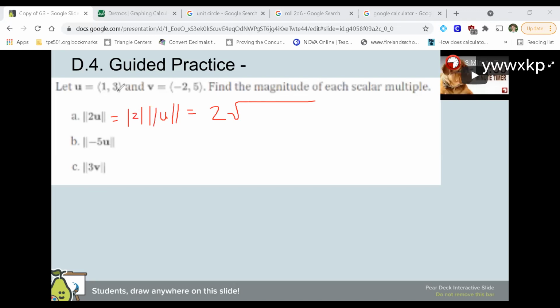It's the square root of 1 squared plus 3 squared, which is 1 plus 9 or 10. And again, leave your answer like that. You can't square root 10 without getting a decimal. There are no perfect squares that divide into 10. So that problem is simplified already.